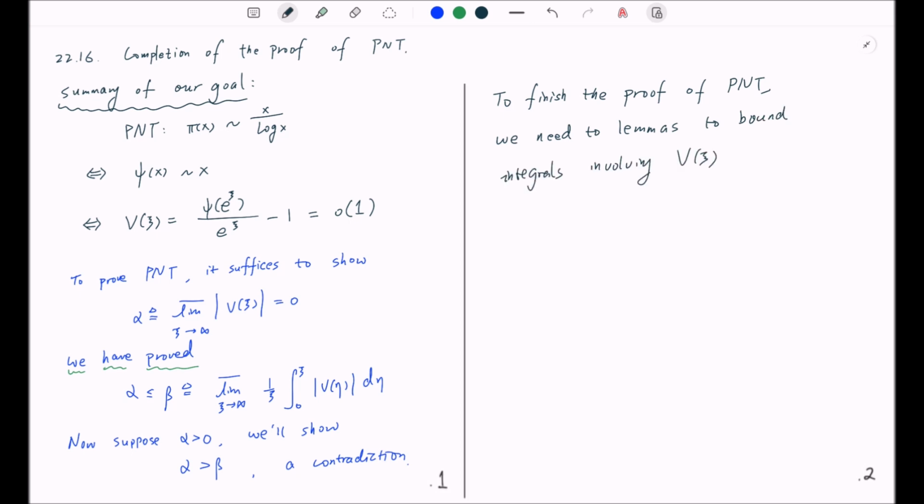The first lemma states that if you integrate the function v over any interval, you get a uniform bound.